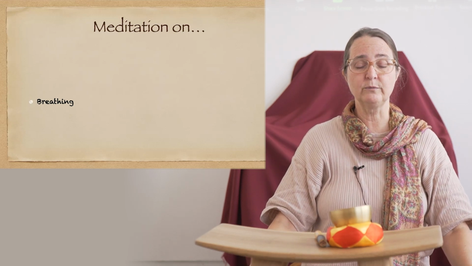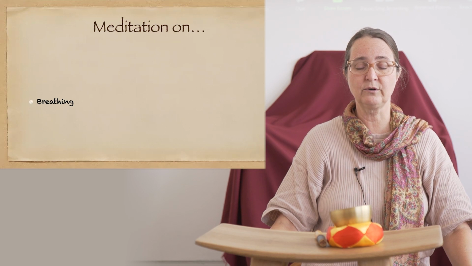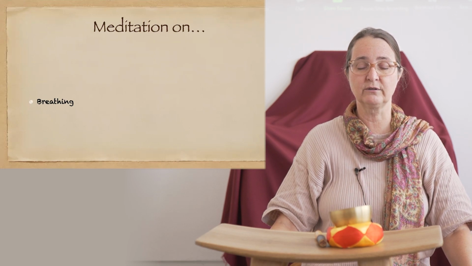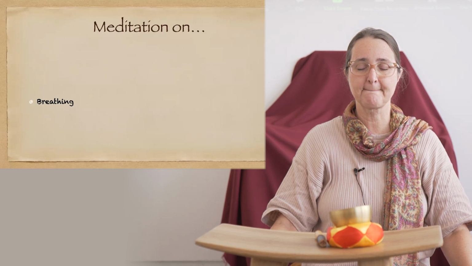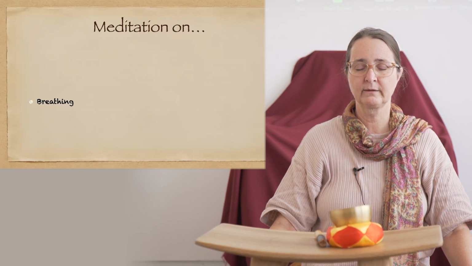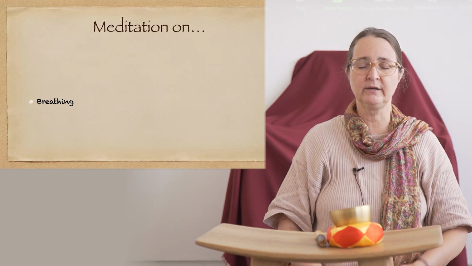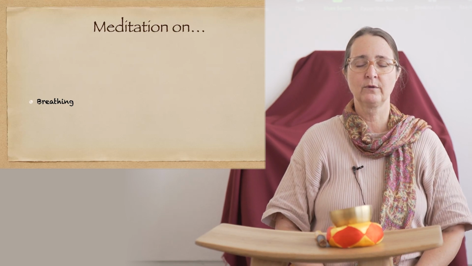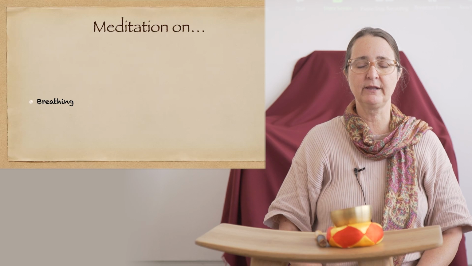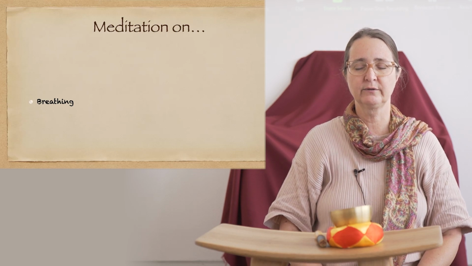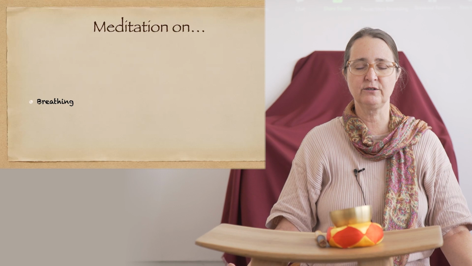But if you open them too much, distraction has more of an avenue into your sphere of consciousness. And your hands could be in the lap. I put my right hand on top of my left hand, thumbs touching. Or they could be at the knees, and you can make a little circle with your finger and your thumb.